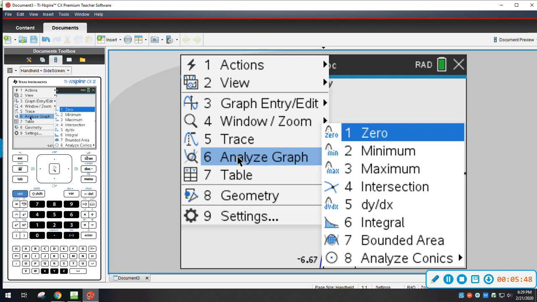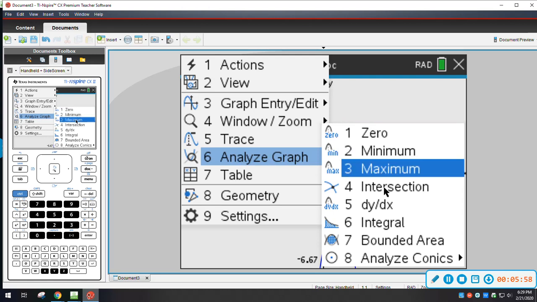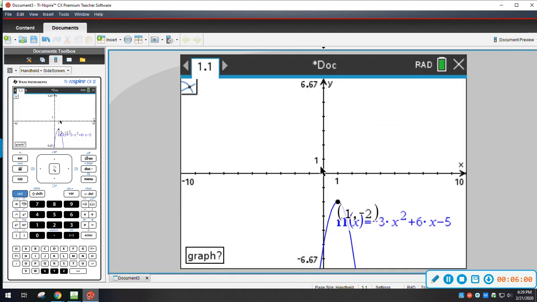They can do intersection, max, min. Not sure if there's a way to figure out what the y-axis is. Let's see. No. I don't have a second graph, and there's no way to graph the y-axis, so no, we can't do that.